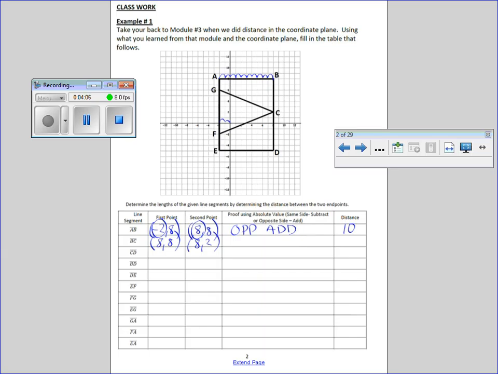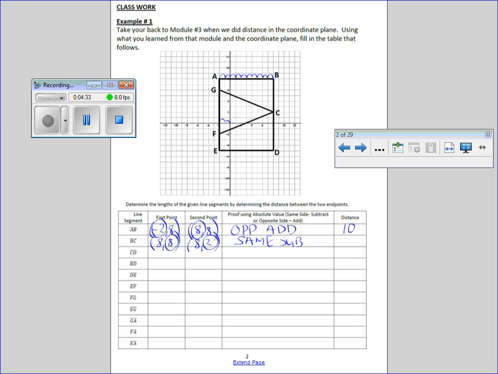Circle the coordinate that's different. Which one is different, the X or the Y? Circle it. Same signs or opposite signs? Same, they're both positive. Same is always do what? Eight minus 2.